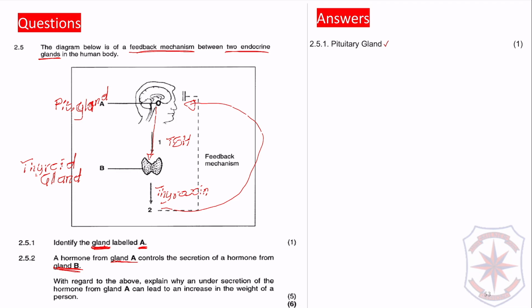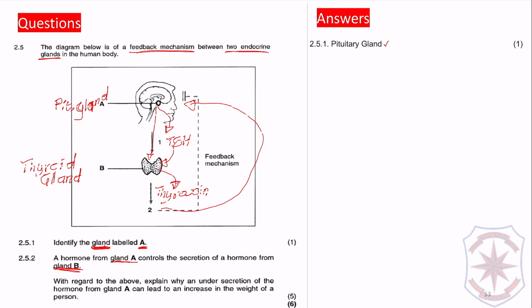It means that the pituitary gland secretes TSH, and TSH causes the thyroid gland to secrete thyroxin. That's what it means.